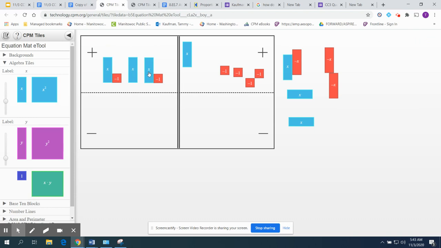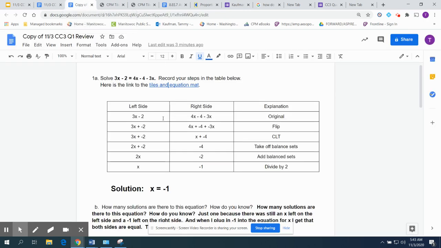And now I'm going to take off balanced sets. So I'm going to take off these. And so I actually didn't take them all off in the same row, but you could do it in the same row.